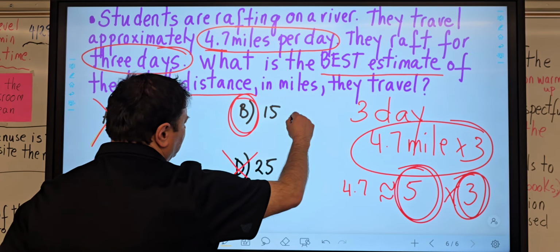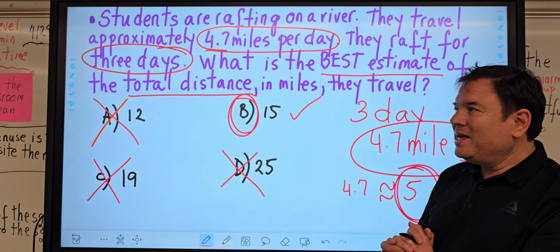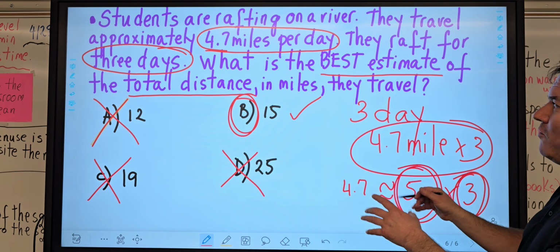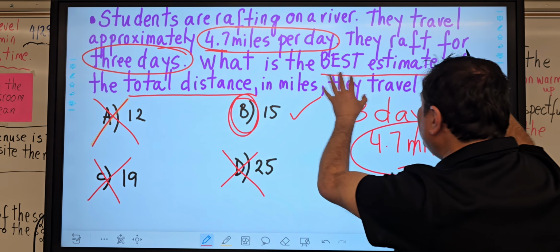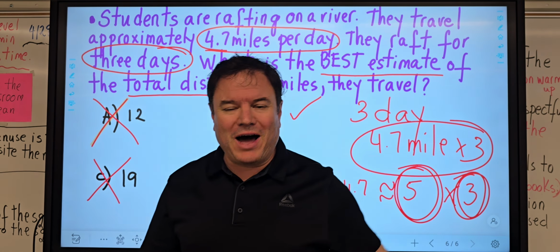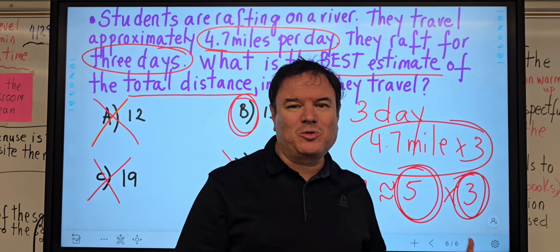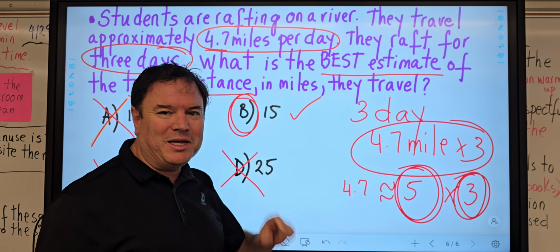So the only answer is 15, B. Okay? That's how you approach this type of problem and make sure we are looking for the best estimate. So when they are telling us that information, we are going to round 4.7 to 5 and then multiply 5 times 3. And 15 is the best estimate.